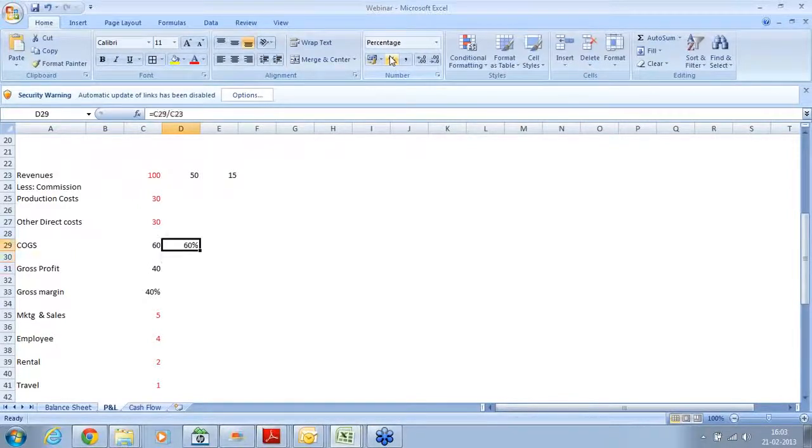In other words, they'll understand if COGS is 60, your gross margin is 40. Just see this. If I make this now 80, your COGS is 80, and in other words, your gross margin is 20. So this is one very key figure.